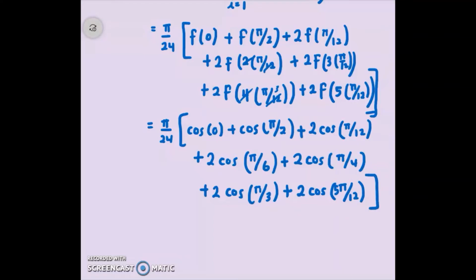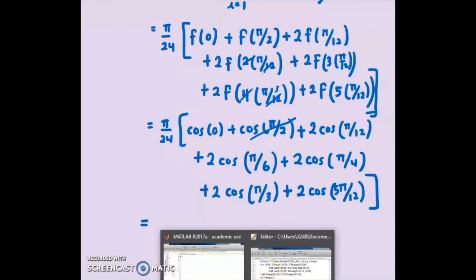Okay, so now you need to find all these values with your calculator and key in for the solution. Cos 0 is 1, cos pi over 2 is 0, so don't bother about this one. Cos pi over 12, pi over 6, pi over 4, pi over 3, and 5 pi over 12.